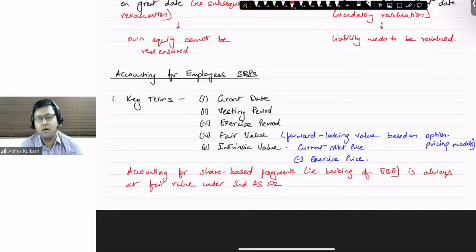Reason being, we have written already, fair value is a forward looking value. That is why we take that, because the services are yet to be provided generally, unless it is immediate vesting.